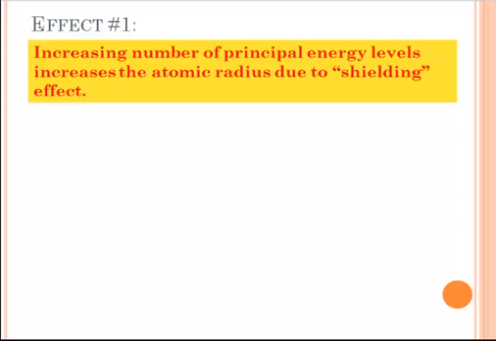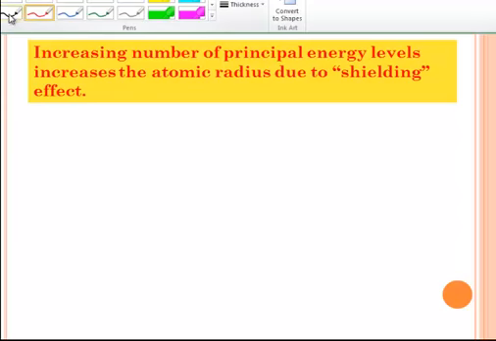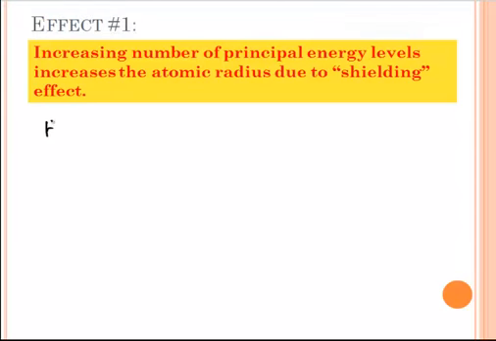Let's quickly take a look at group 1. Let's take a look at hydrogen. If you draw the hydrogen circular plot, you're going to have +1 and 1 electron on it. Generally it's pretty hard to draw this electron.